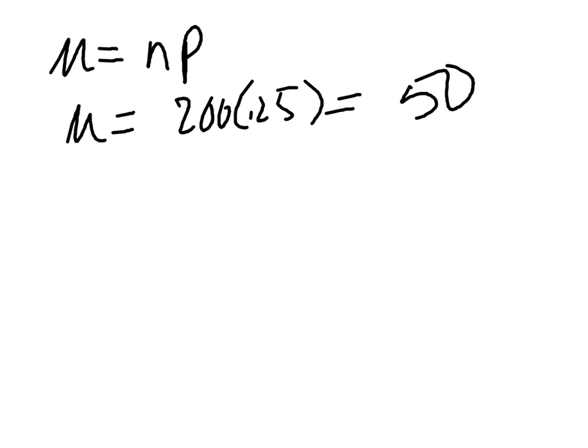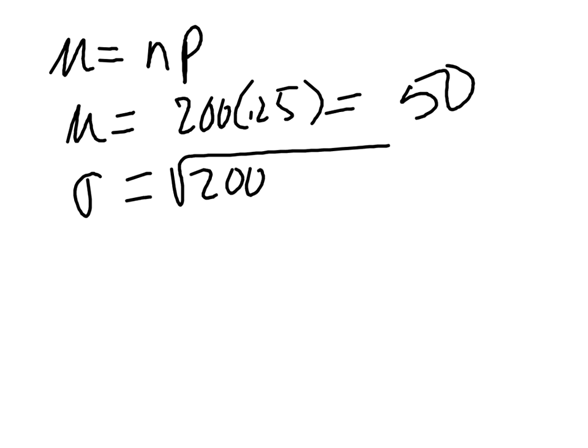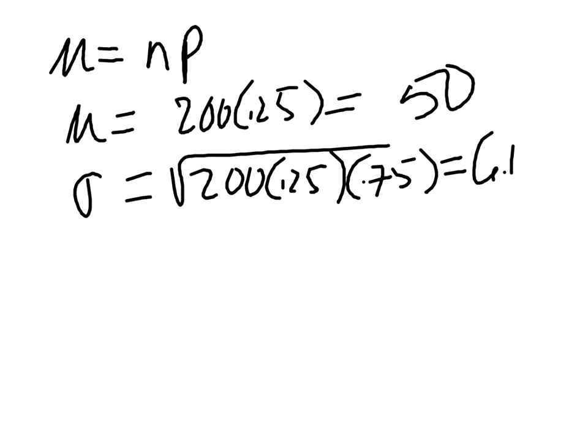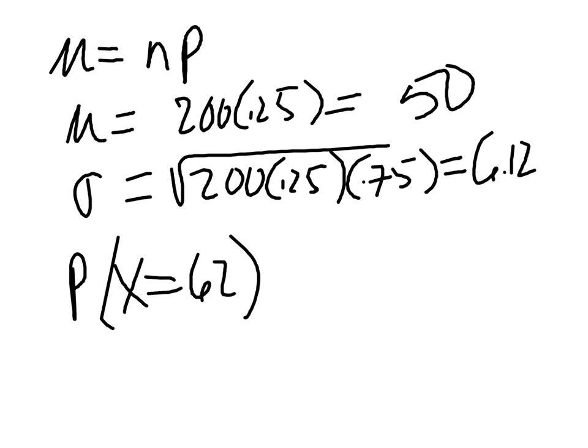And then our standard deviation, from the square root of NPQ, I'm going to take the book's word on that, is equal to 6.12. Now, in probability notation, we want the probability that X would be 62 drivers out of 200 fell asleep.